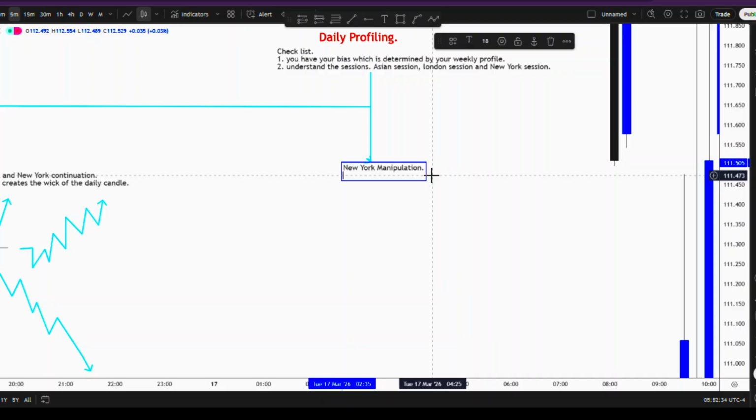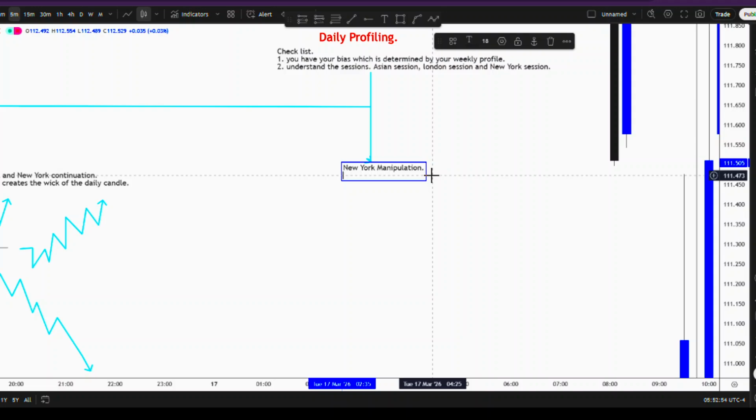So you realize that the New York manipulation is the open high low close in case of a bullish profile, and it's an open low high close in case of a bearish profile structure of a daily candle.